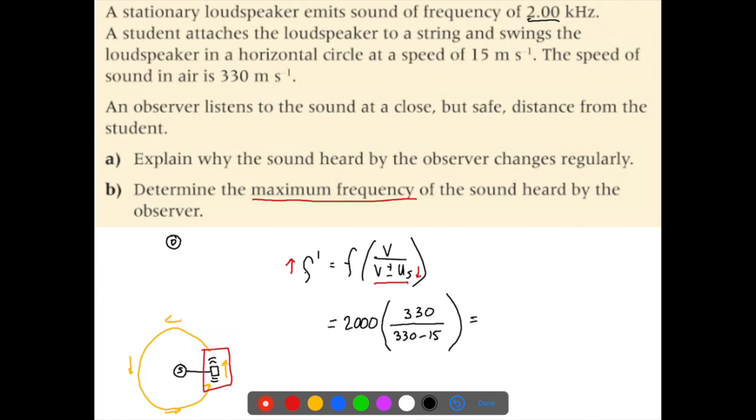Now I do see that I got 3 sig figs here. Those are only 2. So you could write that either way, but I'm going to go with 2,100 hertz because I'm giving it 2 sig figs. But the number I got on my calculator was 2095.2381. All right, so not too bad, right?